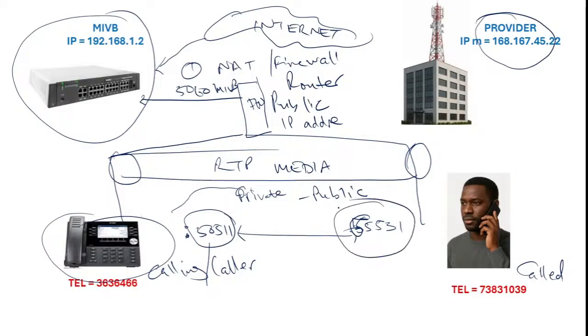If the ports are changed by the firewall, then we are going to end up not having any audio. If the firewall blocks the port, maybe it's not changing it, but the firewall rule or policy is blocking access for this port or this port, then we are going to end up not having audio.